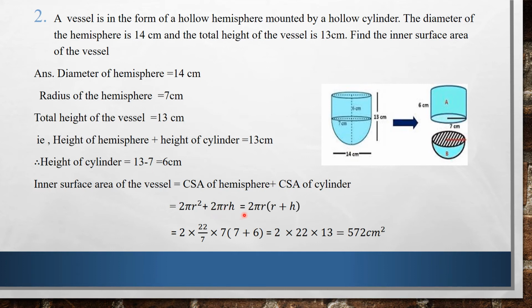Taking common, we can see it is 2 pi r into (r plus h). Substituting the values, 2 into 22 by 7 into 7 into (7 plus 6), that is height of the cylinder, will be 2 into 22 into 13 equal to 572 centimeter square.